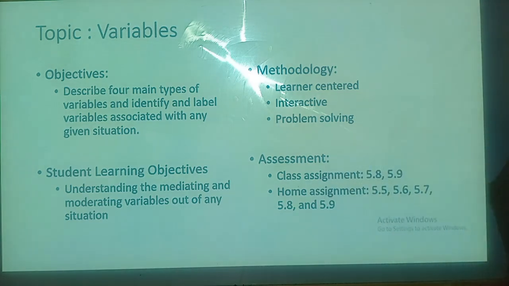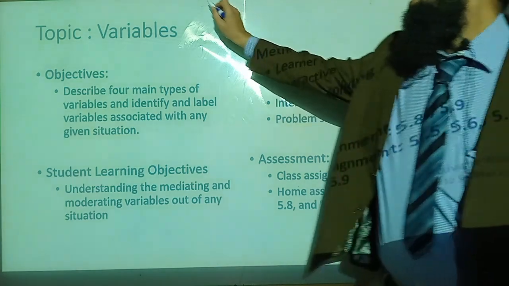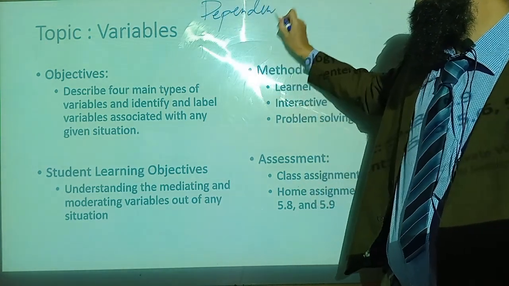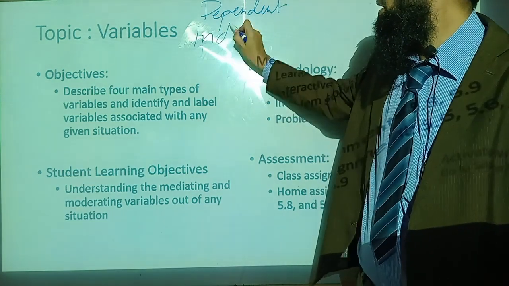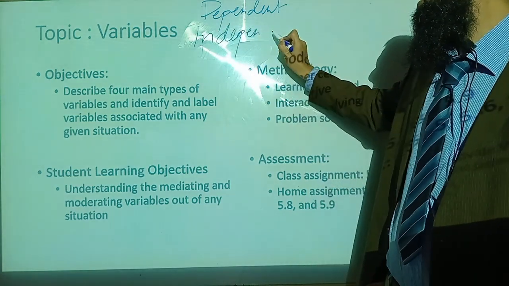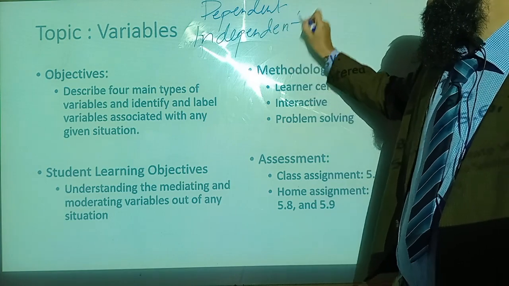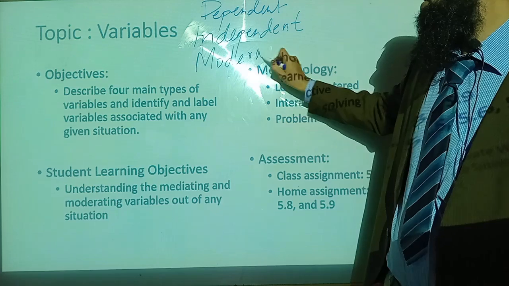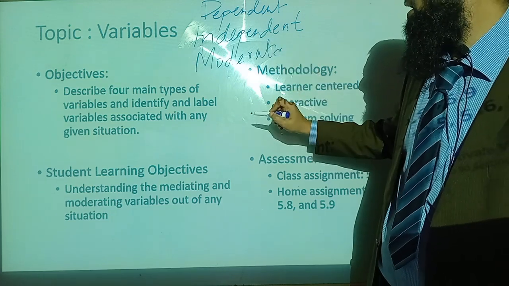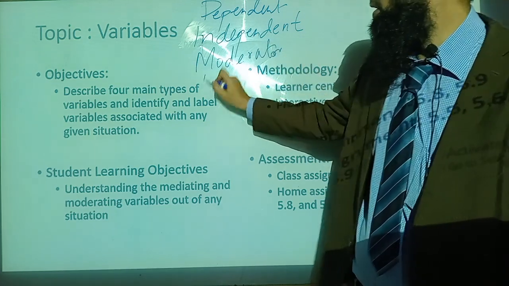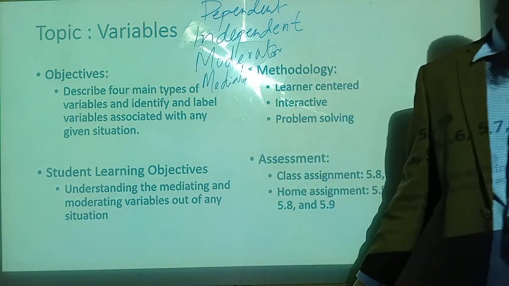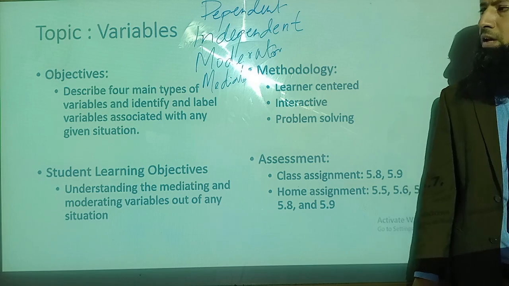Let me write it for you. Dependent, independent, moderator, and mediator. Okay, so these are the 4 types of variables.